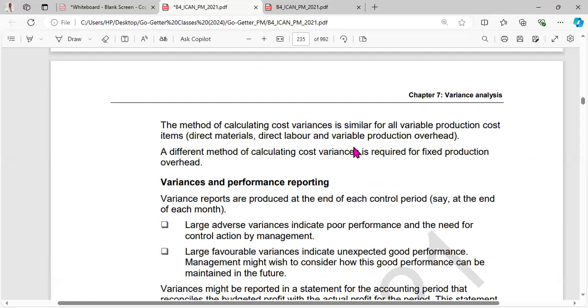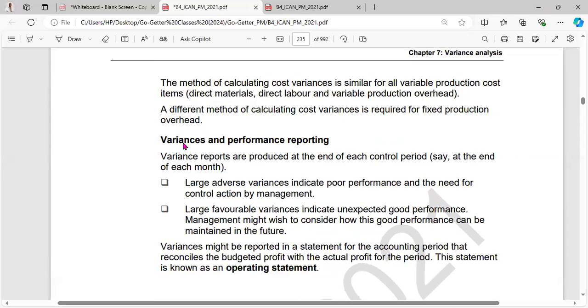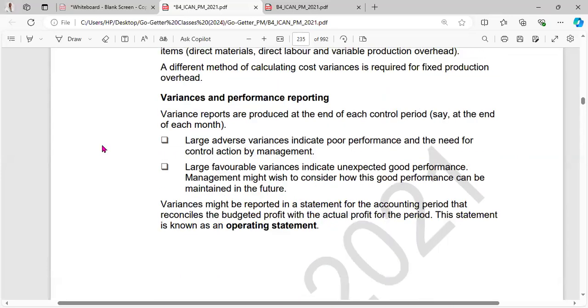All right. So now look at variances and performance reports. Variance reports are produced at the end of each month or each control period. So you have your control report. You have your fixed budget, you have your actual, and you have done your flex.